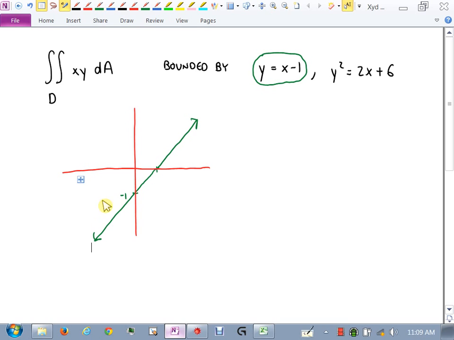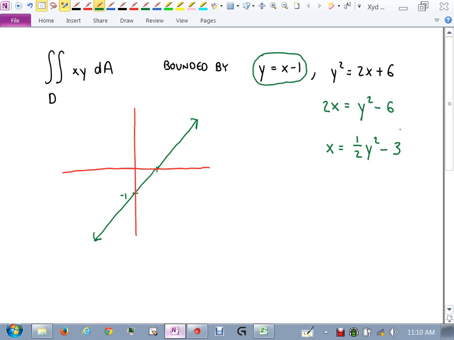And then the other one, we have y squared there. So you could maybe solve this for x. First, you move the 6 to the other side, then divide by 2. x equals 1/2 y squared minus 3 is going to be a parabola that opens sideways, to the right.